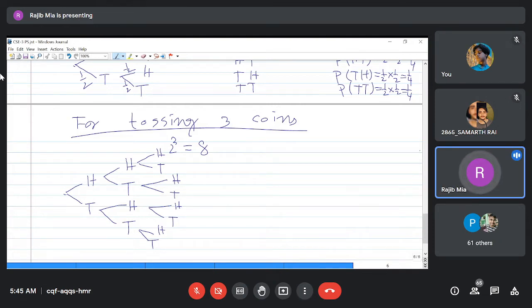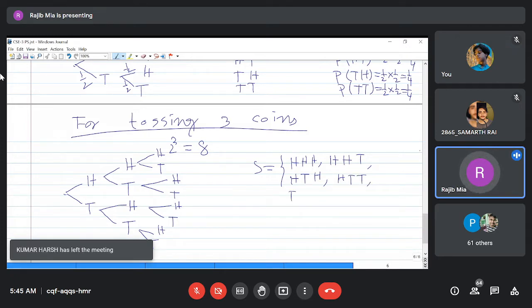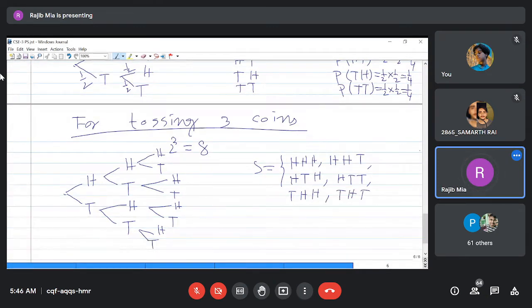If you write the set of all outcomes using this tree diagram, you can easily write them. So the first outcome is head, head, head, then head, head, tail, then head, tail, head, and head, tail, tail, and then tail, head, head, and so on. I am writing this by seeing this tree diagram. So there are a total of 8 outcomes.